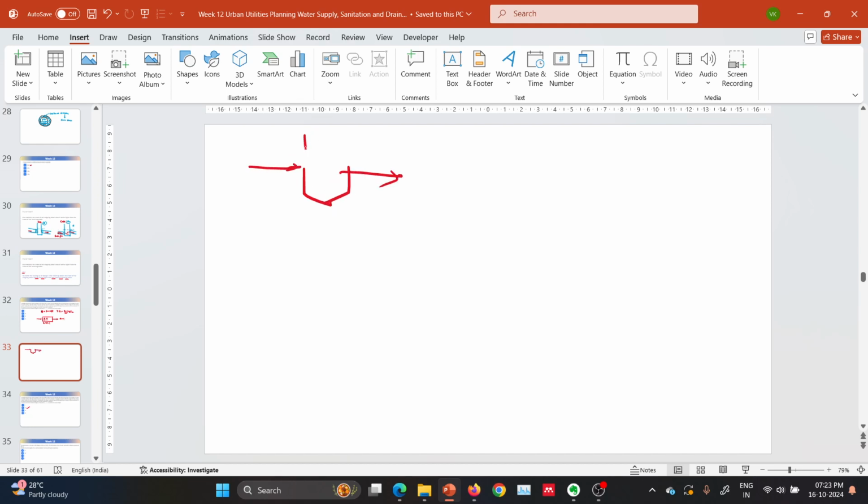This is the primary clarifier. So it will contain 2% solids. Its efficiency is 60%.